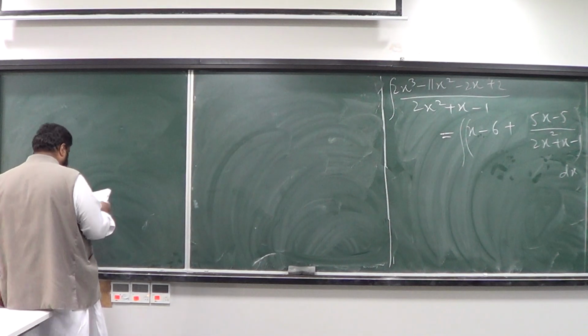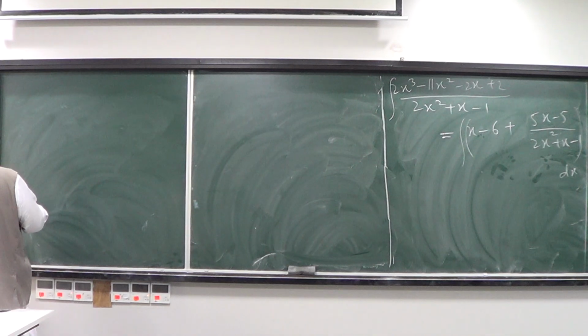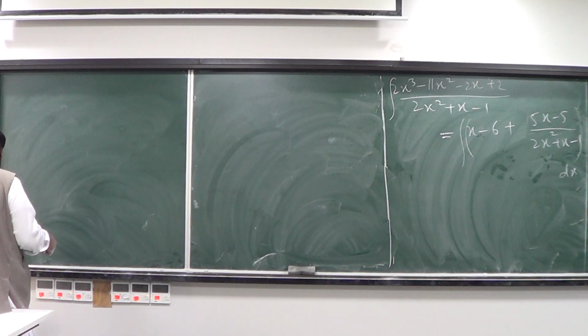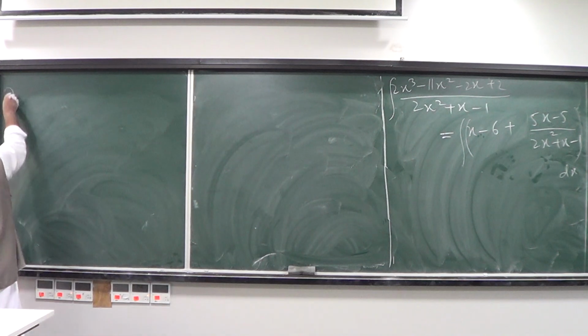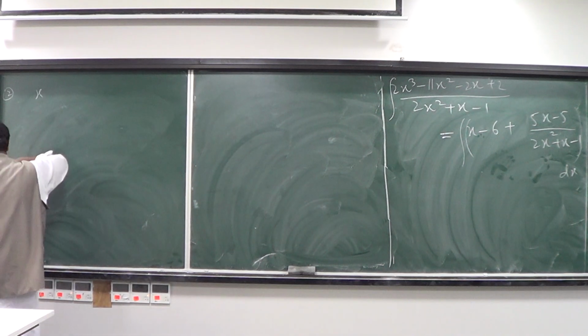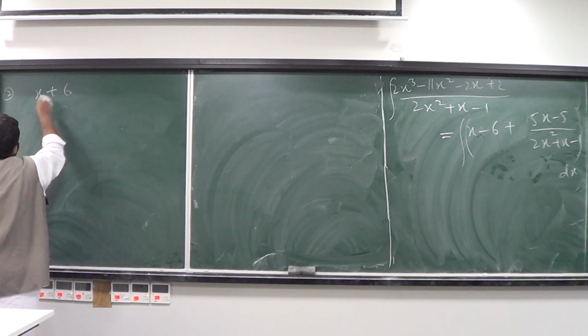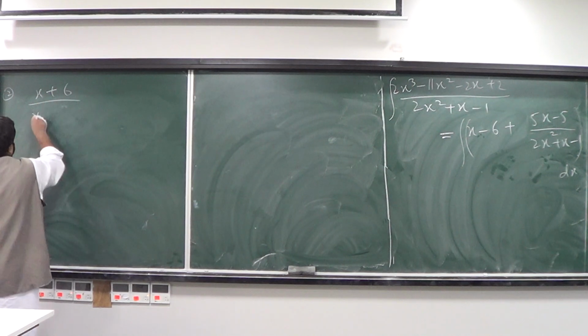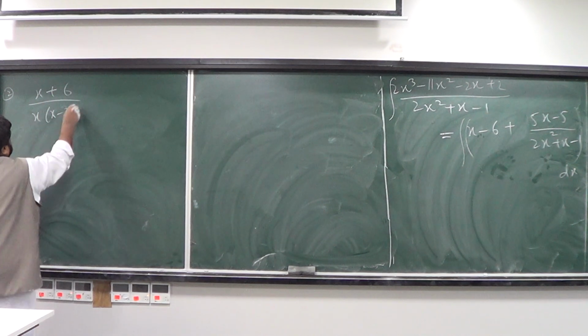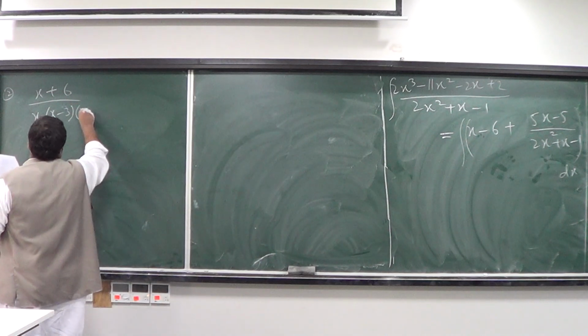For example, if your expression has more than two factors, like x multiplied by x minus 3 multiplied by 4x plus 5.